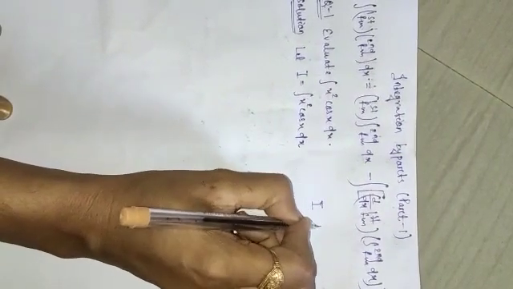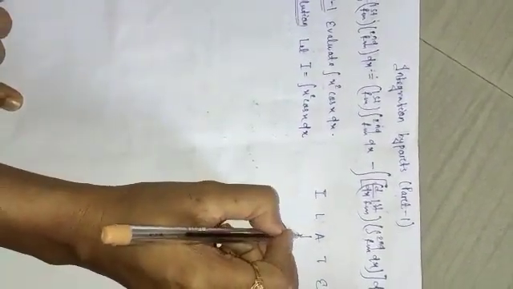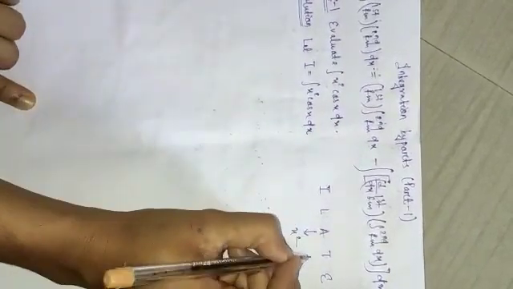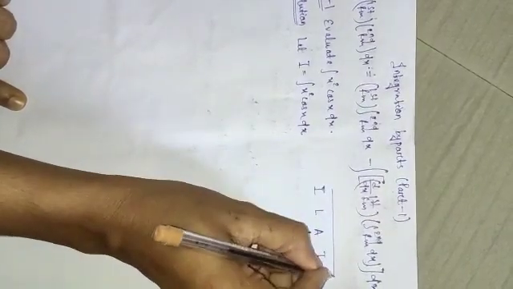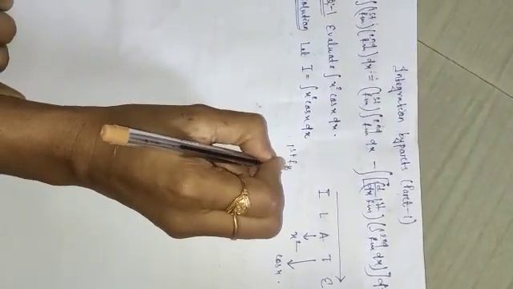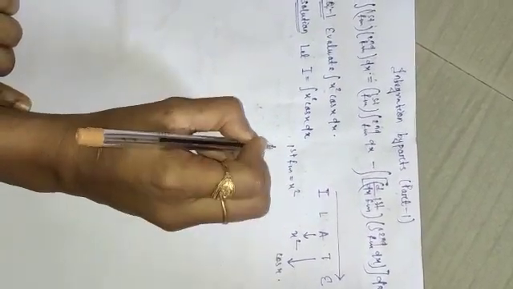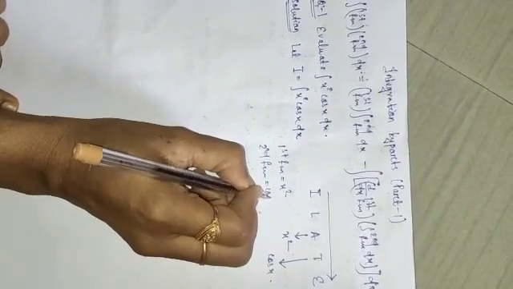For that you have to use the ILATE rule. Here x square is an algebraic function, and cos x is a trigonometric function. Following the order from left to right, A comes first, so the first function is x square. T comes later, so the second function is cos x.